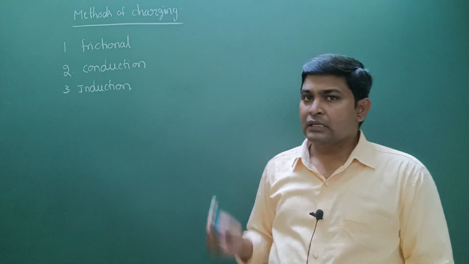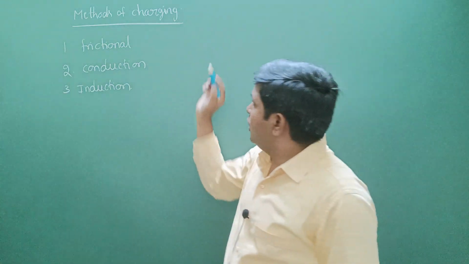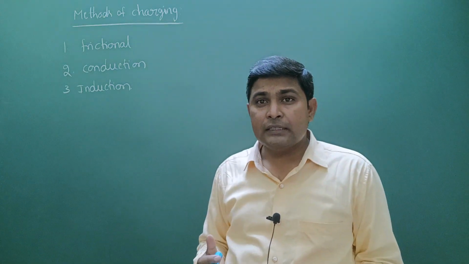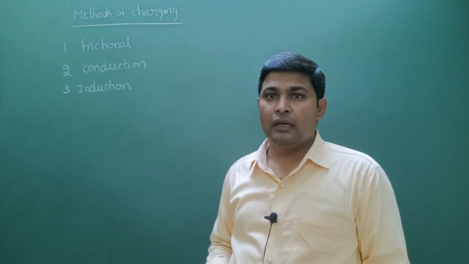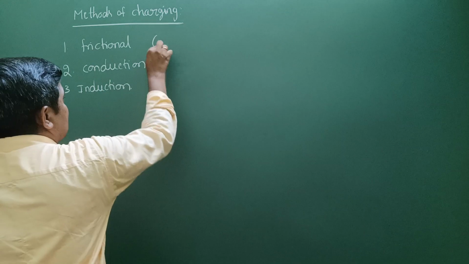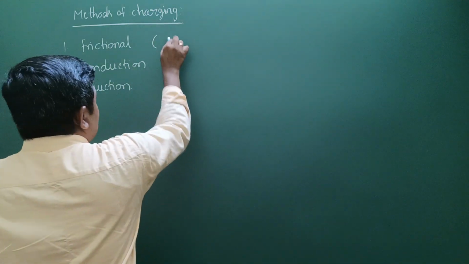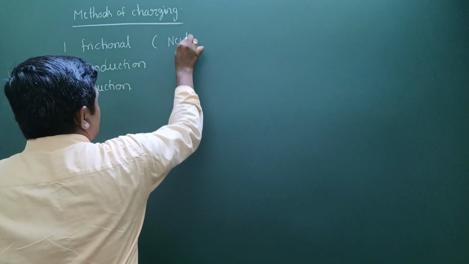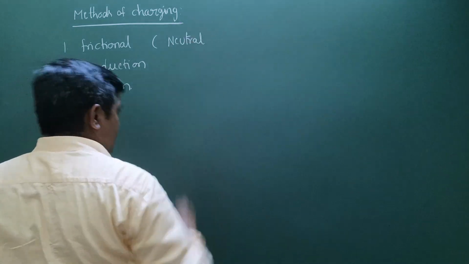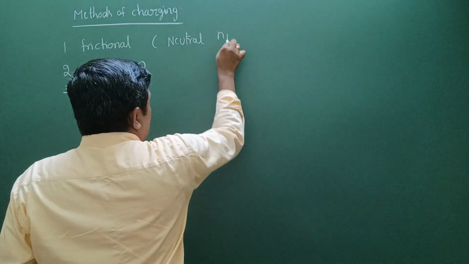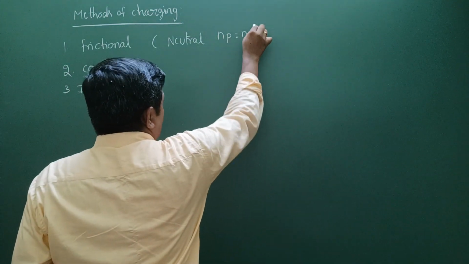First of all, between what kind of bodies are these methods effective or meaningful? In the frictional method, the body is a neutral body, meaning the number of protons equals the number of electrons.